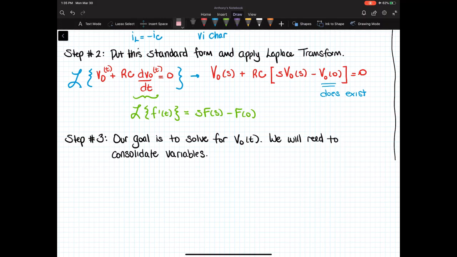Okay. So, let's rearrange here, and what we'll end up with is VO of S times 1 plus RC. And what we've done is just taken the coefficients of this and this, and I forgot my S.